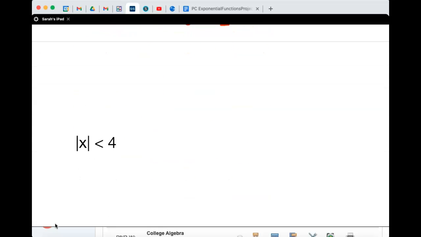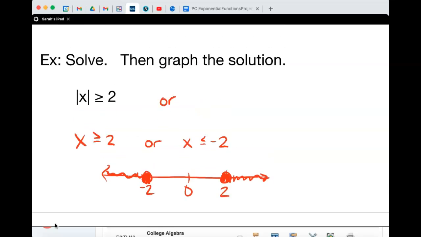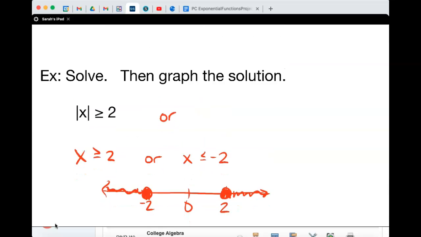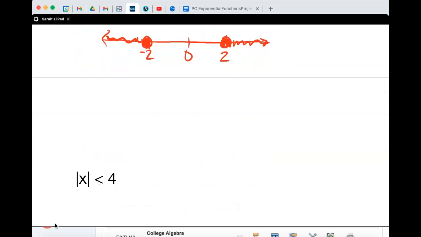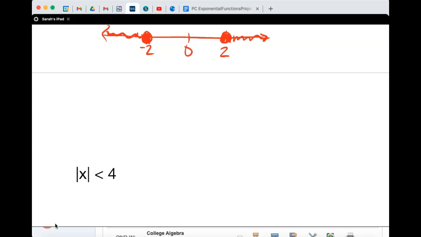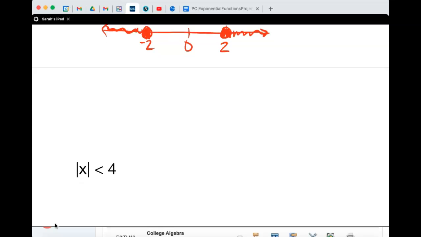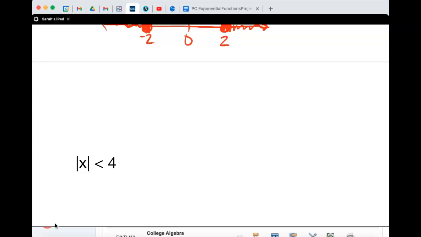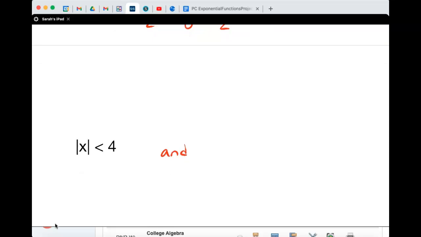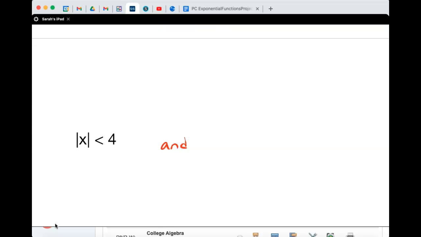Here's another one. So do we have to graph it every single time? Yeah, I think I told you to graph in the directions. All right, how do you want to start this one? Okay. What are the inequalities I can write down?